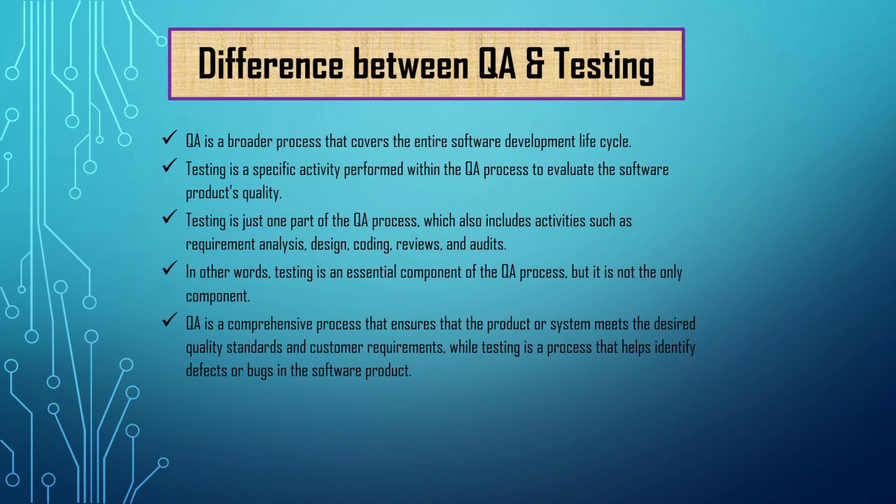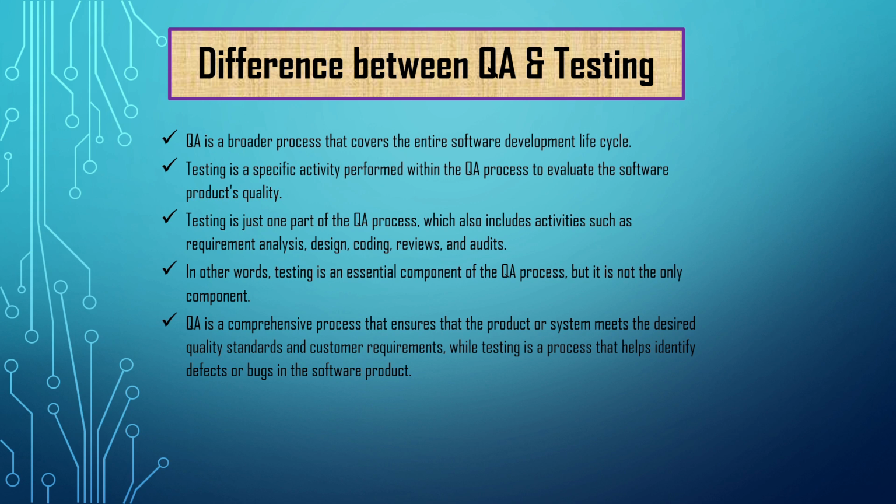So now let's talk about the basic difference between QA and testing. There are a lot, but here you can see I have already minimized it and I am showing you the entire difference. I tried to make it easier for you. So QA is a broader process that covers the entire software development cycle.